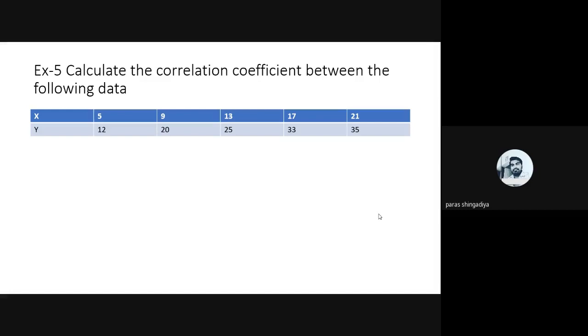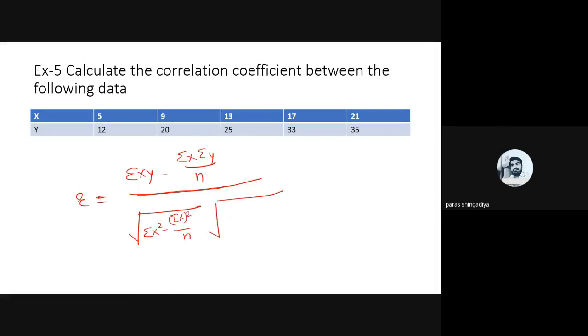If you forgot it, I will write down the formula here: R is equal to sigma xy minus sigma x sigma y divided by n, the denominator is the square root of sigma x square minus sigma x whole square divided by n, into the square root of sigma y square minus sigma y whole square divided by n. Now use it. First prepare the table and reply your answer in the chat box.